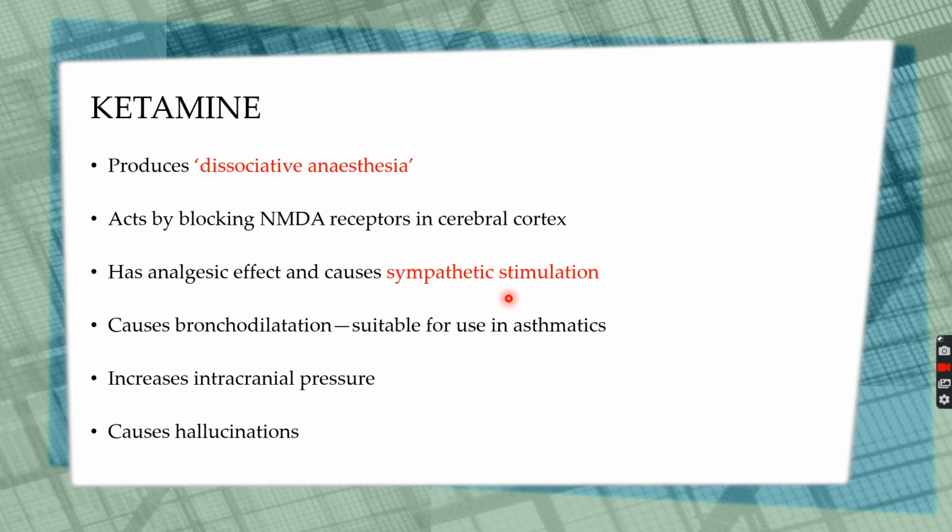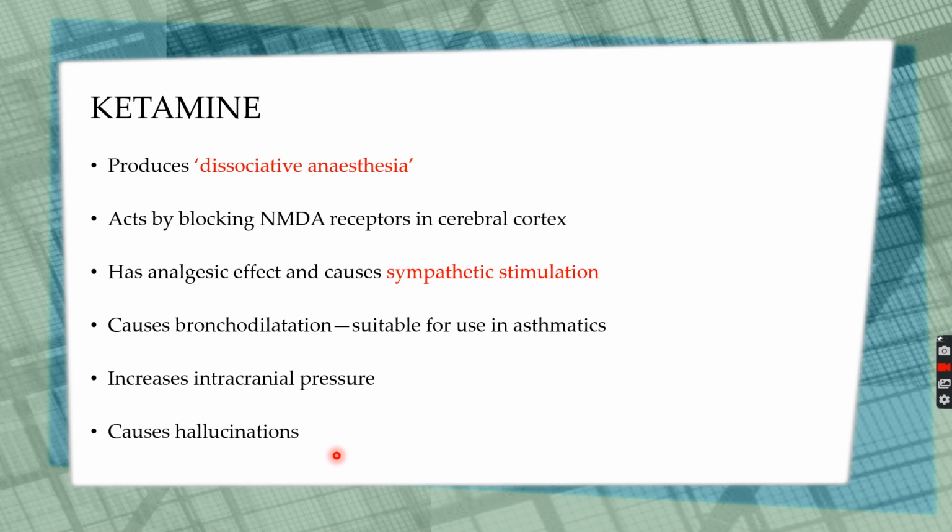Because of the sympathetic stimulation, ketamine causes bronchodilation. Therefore, ketamine can be used in asthmatics. Remember, halothane was another anesthetic agent which can be used in asthmatics. Ketamine also can be used in asthmatics. Other problems with ketamine are it increases the intracranial pressure and it can cause hallucinations during recovery.